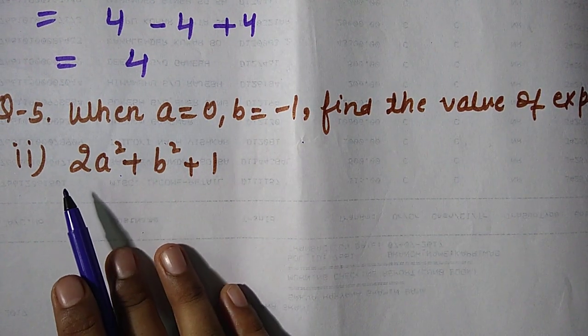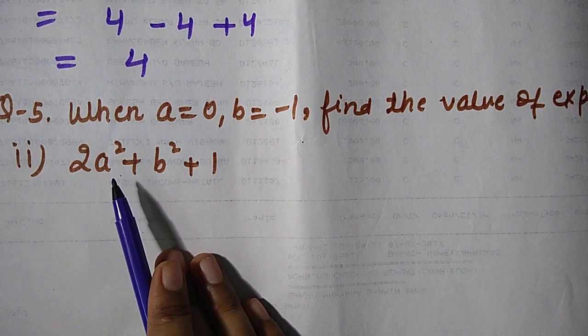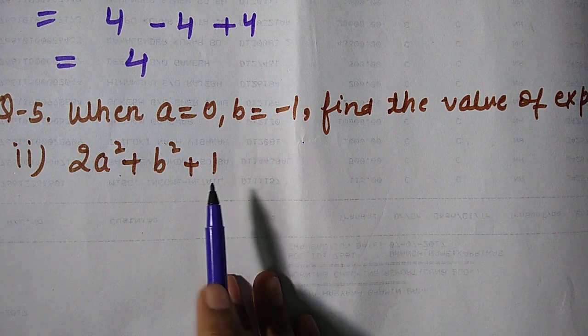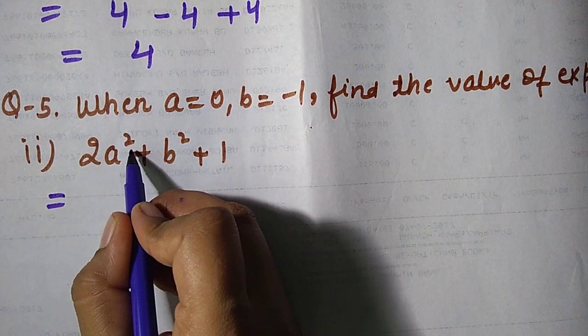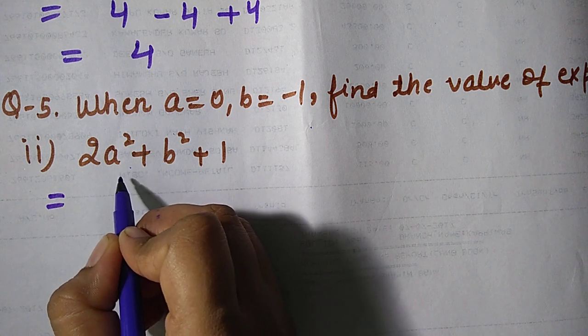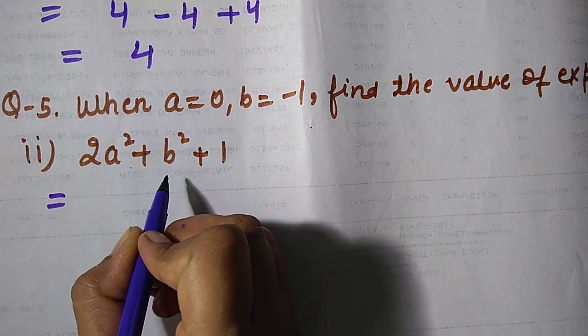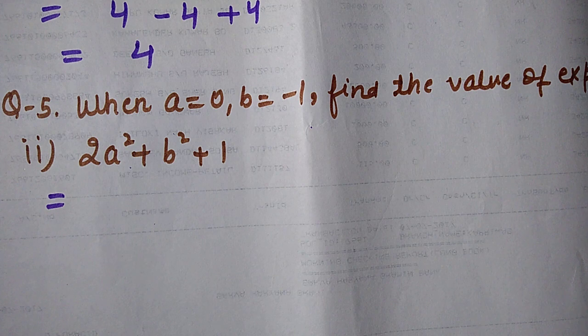The second part is 2a square plus b square plus 1. First step, I will write a square as a into a, and b square as b into b.